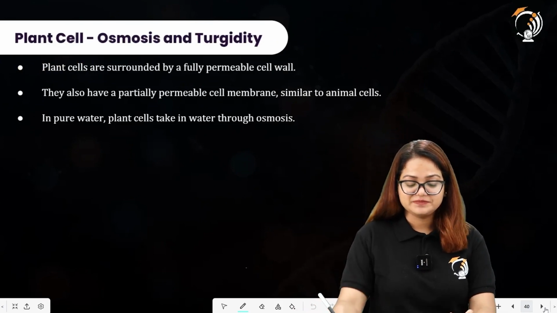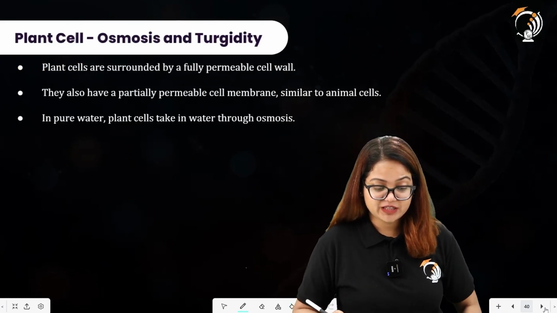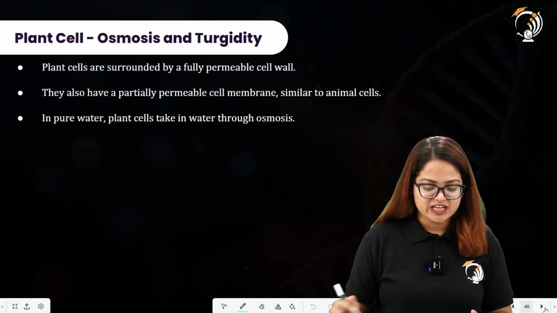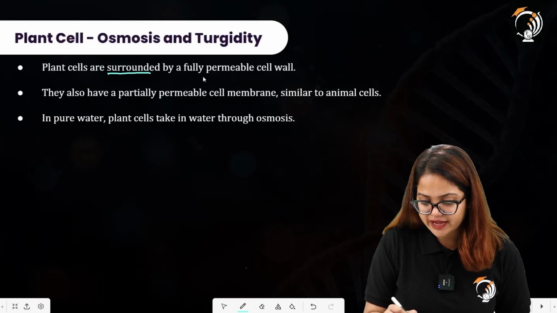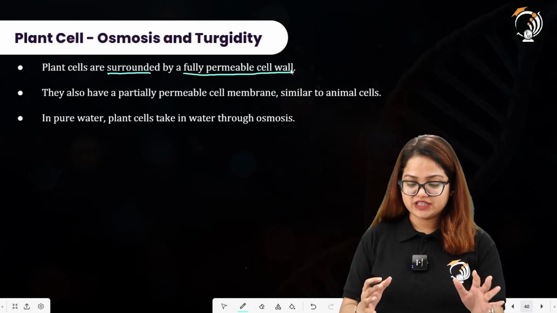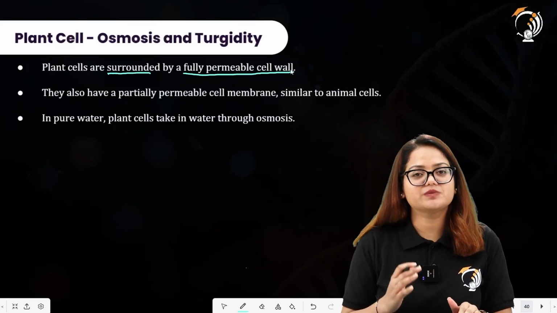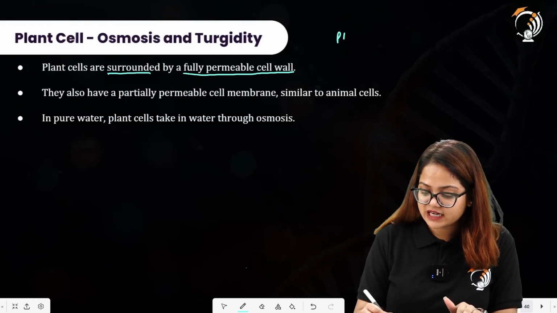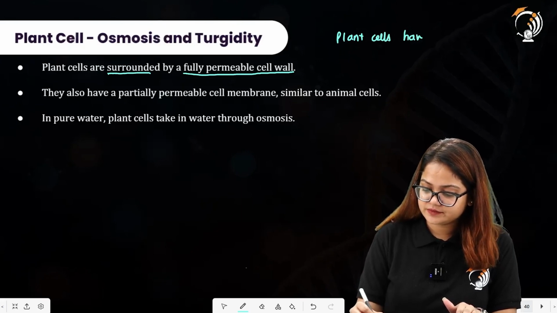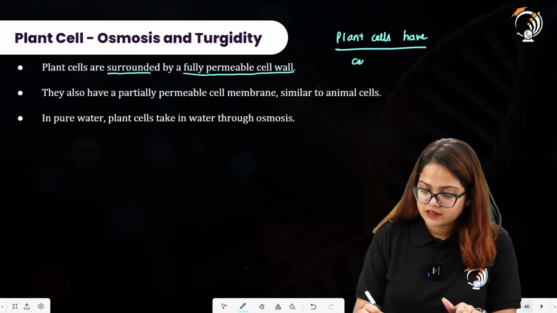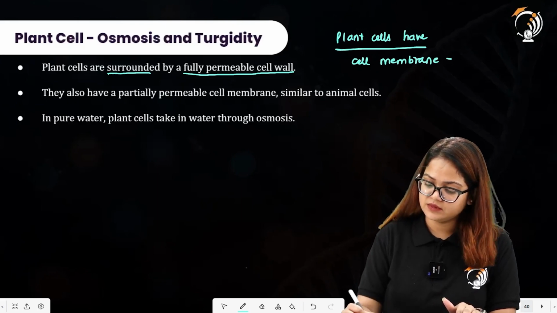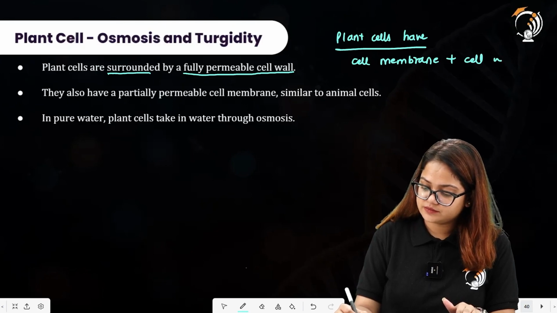The plant cell, having the process of osmosis, and how do we relate it to turgidity. So basically plant cells are surrounded by a fully permeable cell wall. In addition to this, we have already discussed in the previous one shot that plant cells have a cell membrane and a cell wall. Alright.